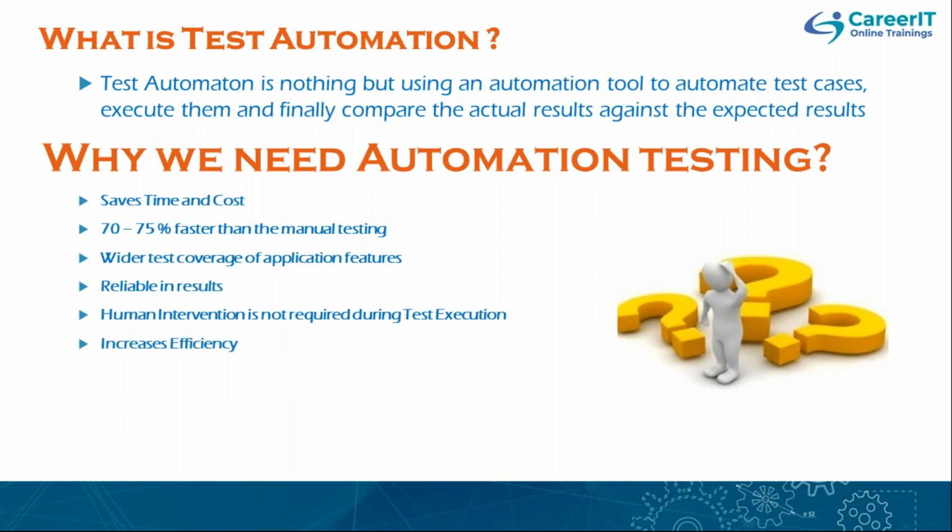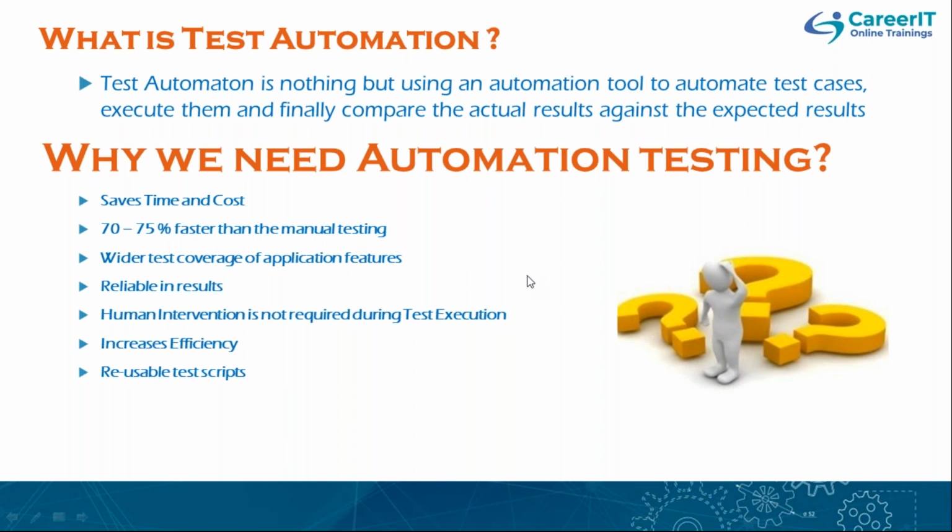Next thing is increased efficiency. You can efficiently validate your application features, guys. Whatever application features you have, you can efficiently validate them. Then next thing is reusable test scripts. This is another important benefit which we get if we have automation scripts.